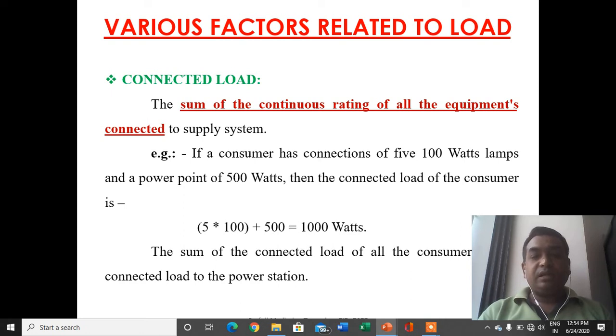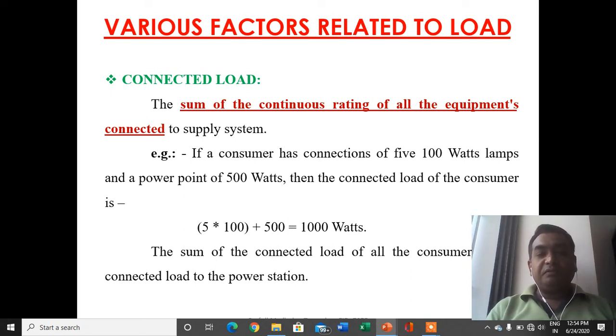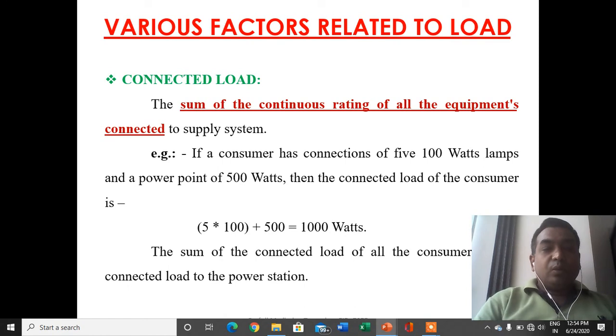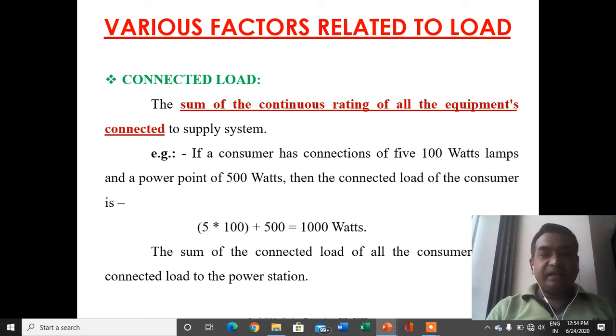For example, suppose you have a home with 4 tube lights of 40 watts each and 3 fans of 60 watts each. Your total connected load for your installation will be 4 into 40 watts plus 3 into 60 watts, that is 160 plus 180, which comes to 340 watts.